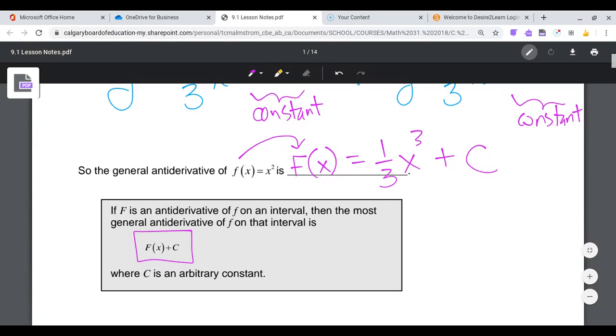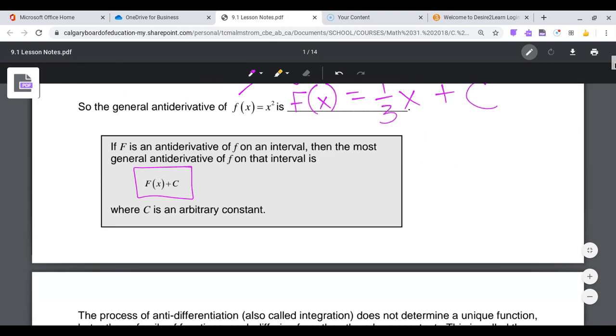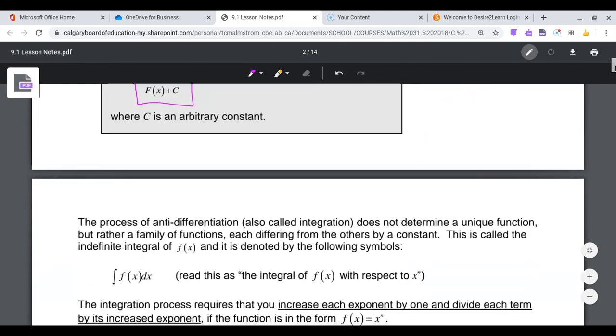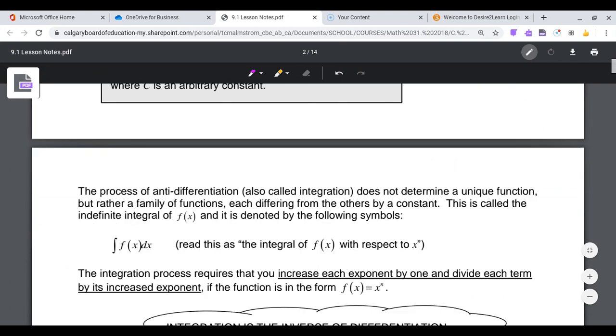All right, so this process of antidifferentiation, also called integration, and really that's more what it would be called at university, does not determine a unique function, but rather a family of functions, each differing from the others by some constant, okay? And so this is called the indefinite integral of f of x. We will get into definite integrals, but that's later, okay?